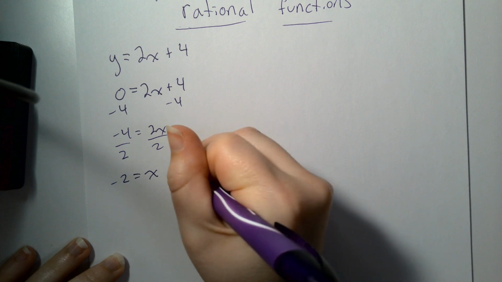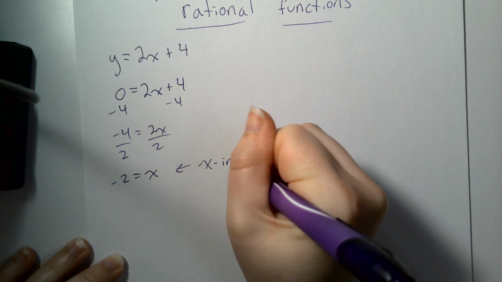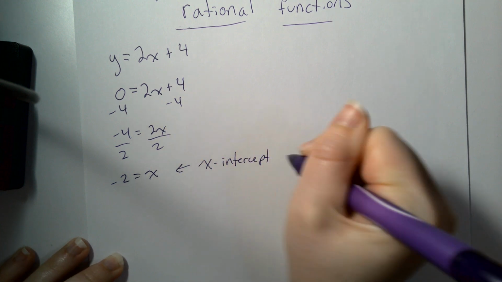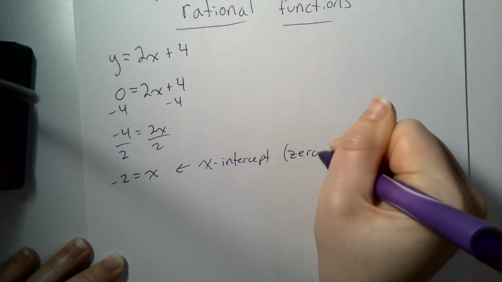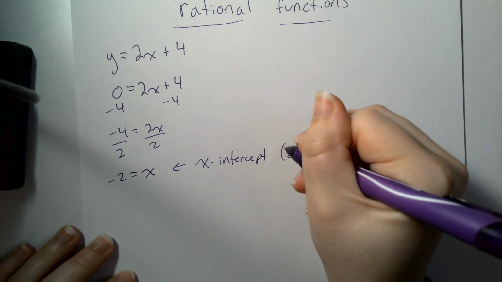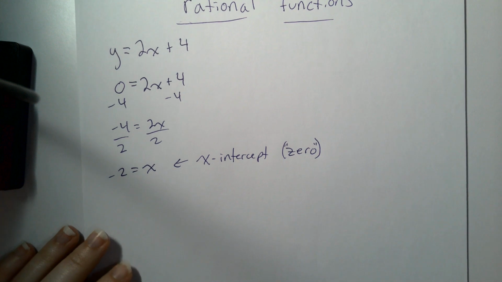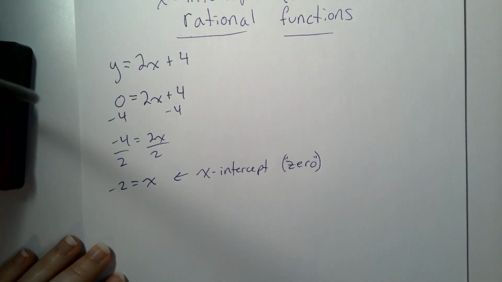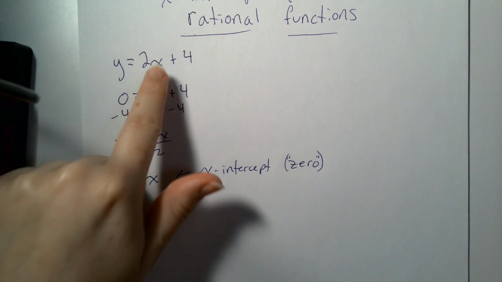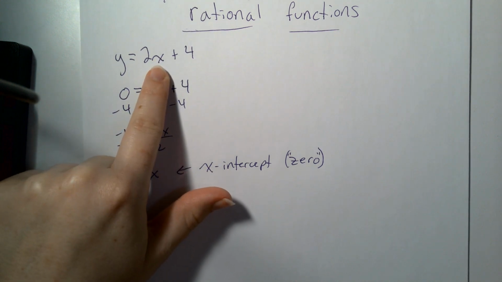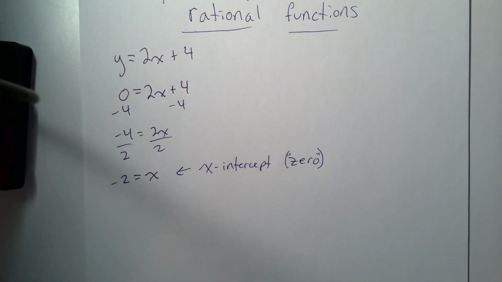So this is your x-intercept, or your 0 of the function. In other words, when you plug in negative 2, it'll give you 0 out.